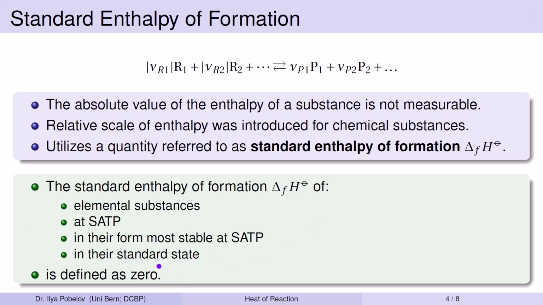This definition gives us a reference point from which we can determine the enthalpy of formation for any chemical substance. Now, what exactly is the standard enthalpy of formation of a chemical substance?